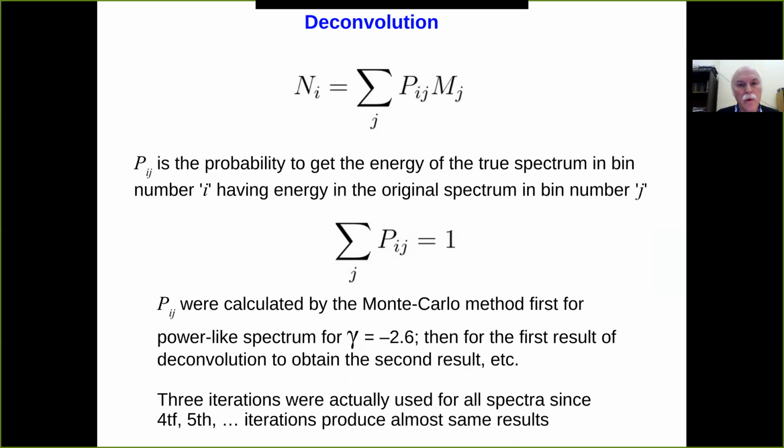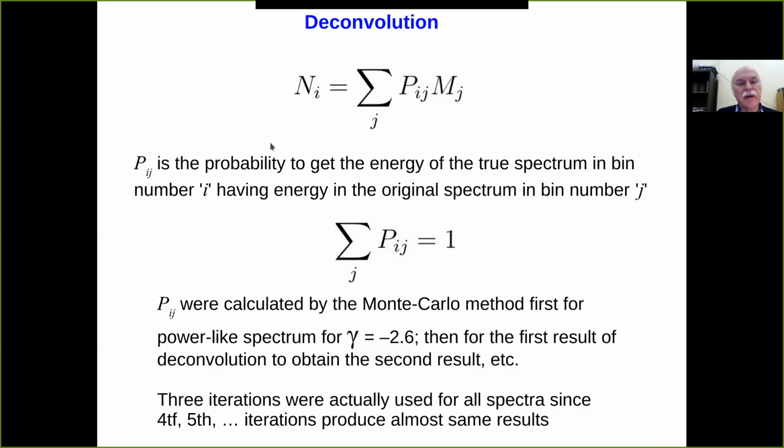Deconvolution was obtained with an equation like this, where M is the number of events of some energy bin in the spectrum without deconvolution, and this is the spectrum with deconvolution, the result of this procedure.